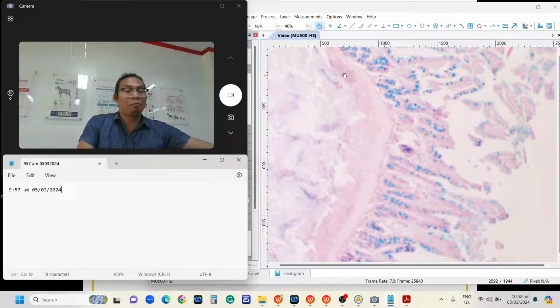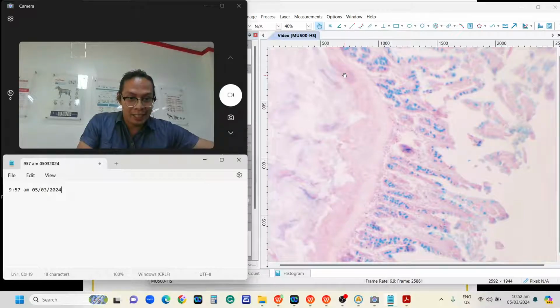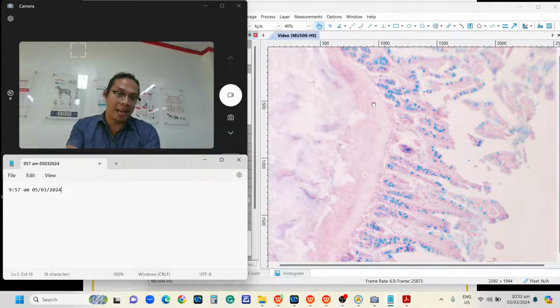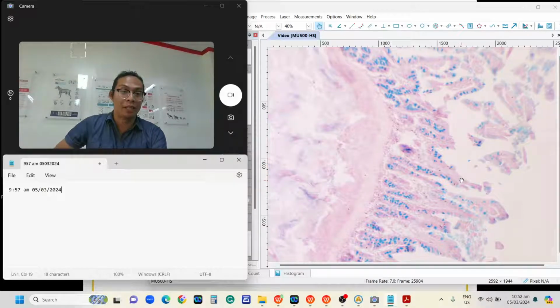So these crypts are actually a straight tubular gland. So you can see here, these are the villi na makikita natin sa luminal margin ng organ, and here are the crypts, yung nasa baba. So you can see it is straight. It is a straight duct.